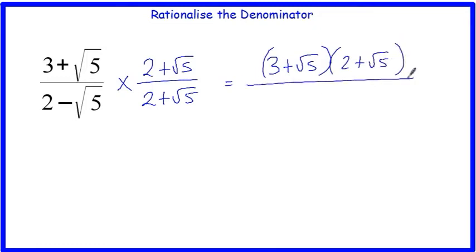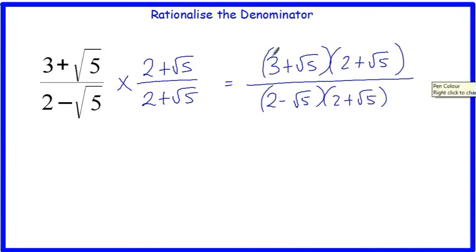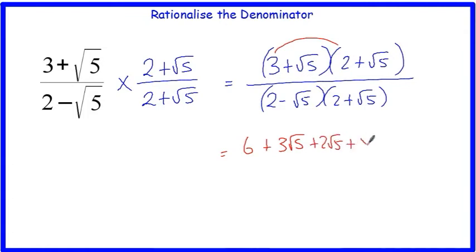All over 2 minus root 5, 2 plus root 5. Let's get the top out, it's going to be 6 plus 3 root 5 plus 2 root 5 plus 5 all over.